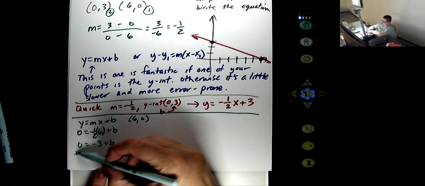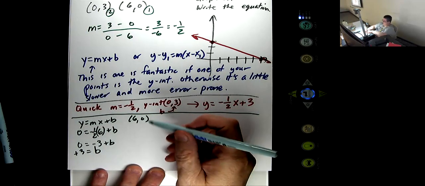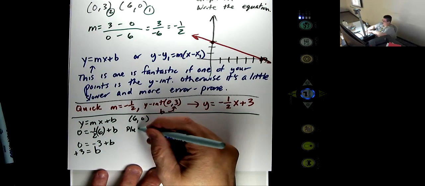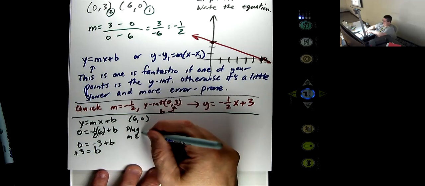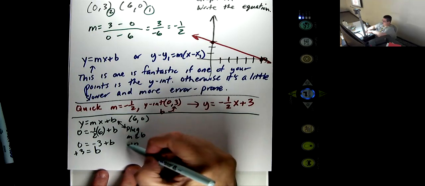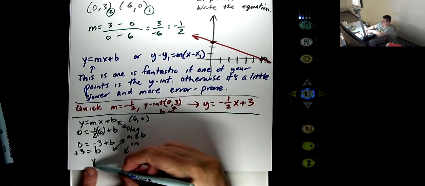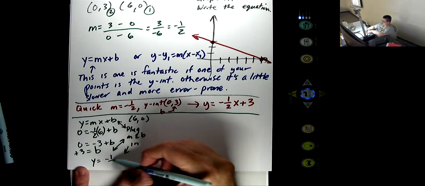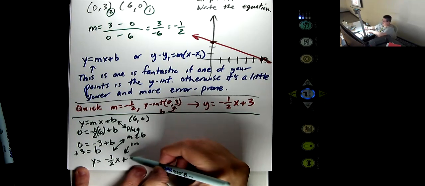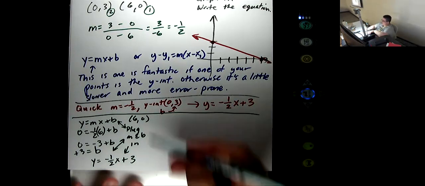If I add 3 to both sides, I get b equals 3. And now plug m and b in. Y equals -1/2 x plus 3. That's if you don't have the y-intercept. That obviously this could be done quicker. I already showed that.